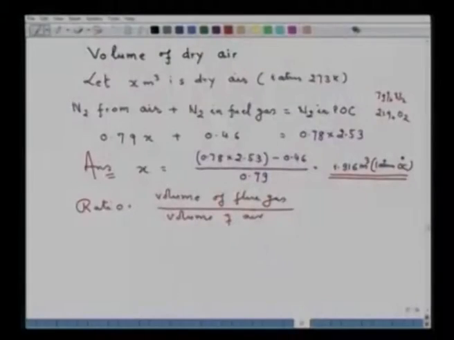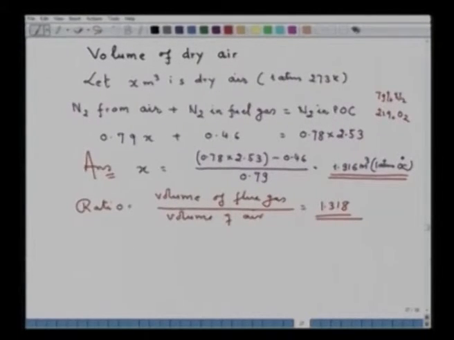Of course, in this particular case the ratio would also depend upon the composition of fuel gas, but in this particular case the ratio is equal to 1.318. It is just information which may help in some cases.